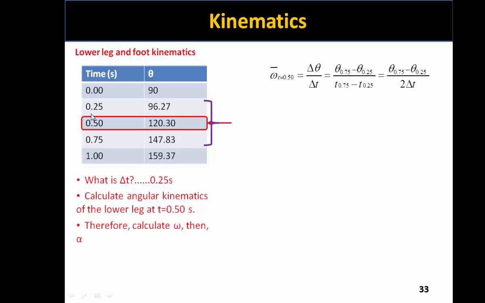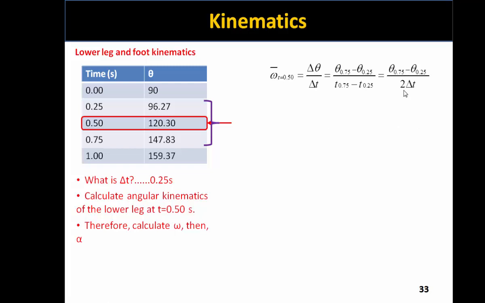Because we have two lines, we now have two delta t's. If we just worked between two rows of data, we would only have one delta t. But because we want the average to land us in the middle, which is where our point of interest is, we have two time intervals, so we have to divide by 2 delta t.